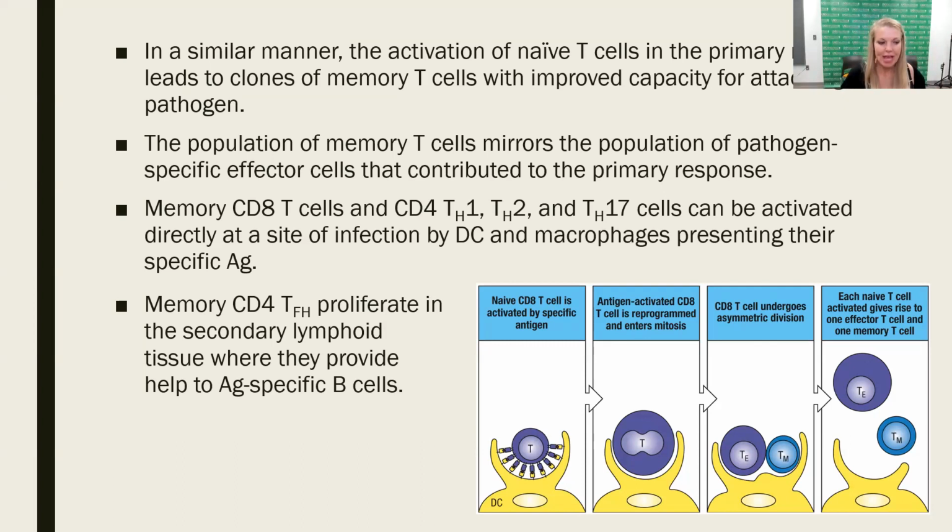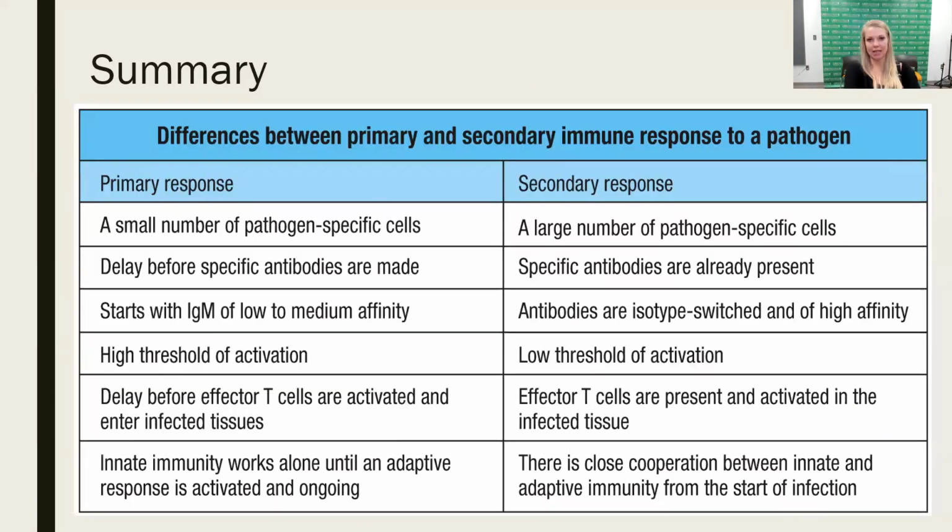Here's a summary slide that contrasts the primary immune response against the secondary immune response. Side by side, you can see there are definitely similarities in the effects and the jobs that the cells have, but they're very different in the amount of pathogen.